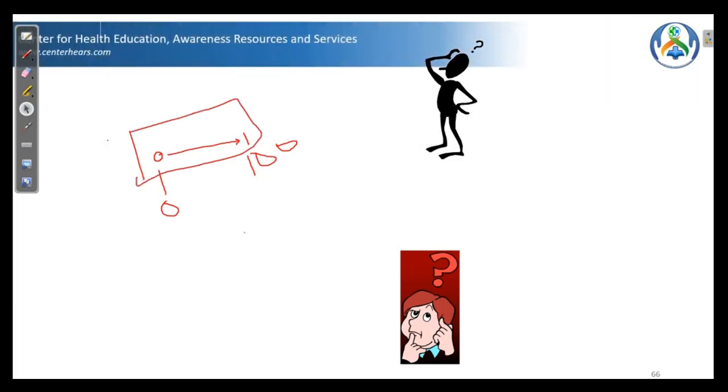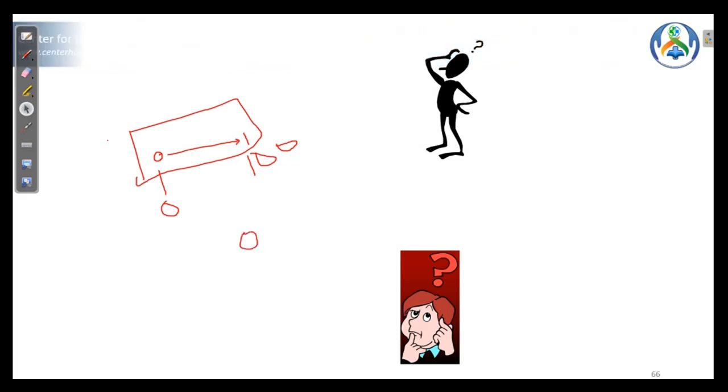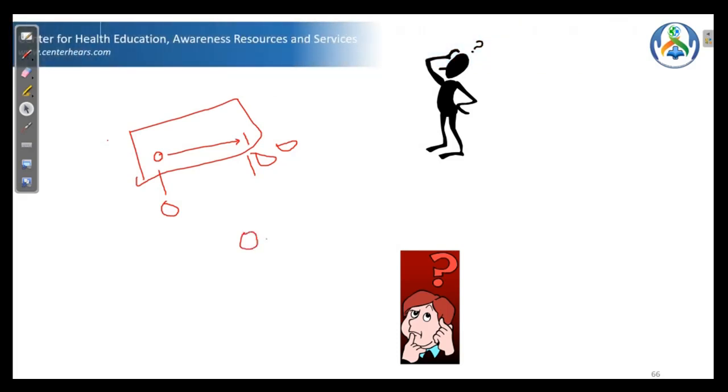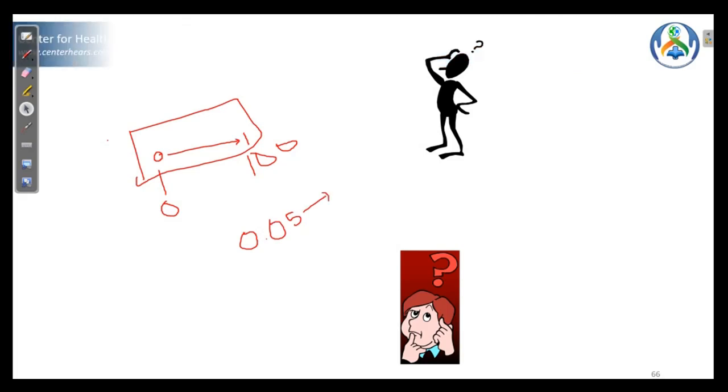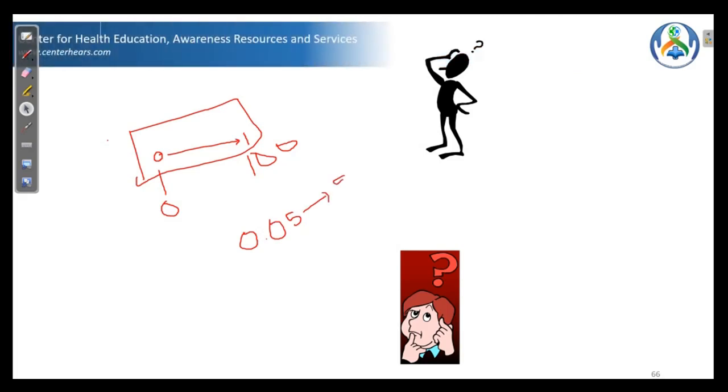For example, if the probability is 0.05, what does this mean? It means the probability of occurrence is 5%, right?